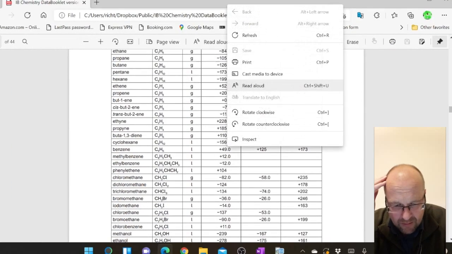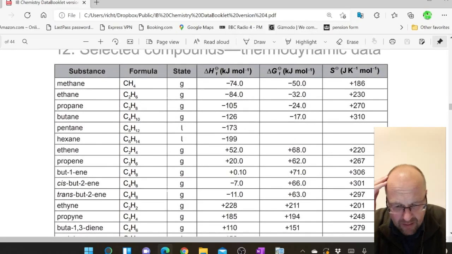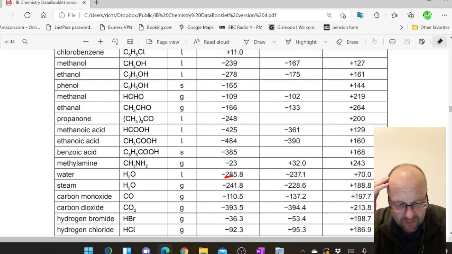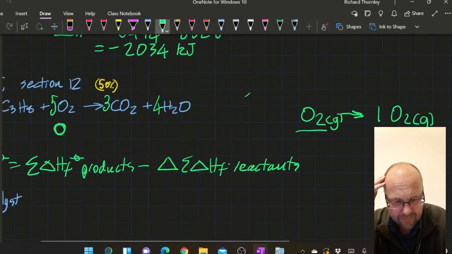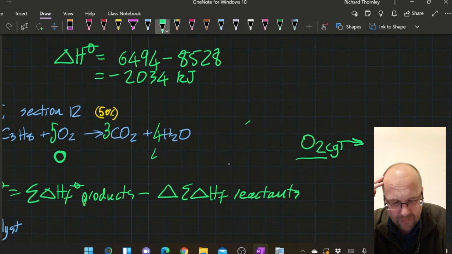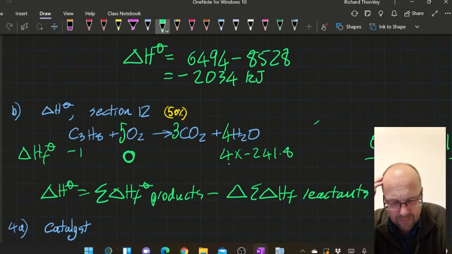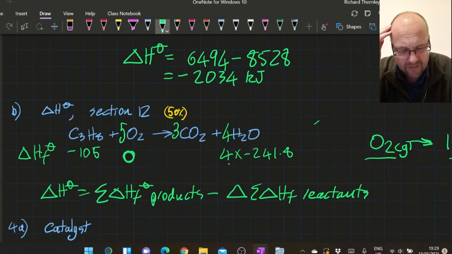So propane is minus 105. And let's see if I can memorize 241.8. Carbon dioxide.